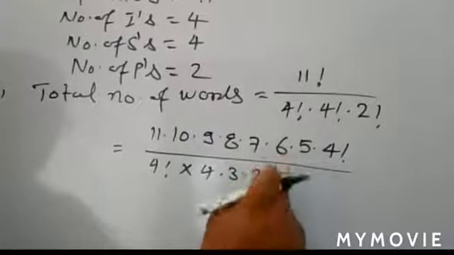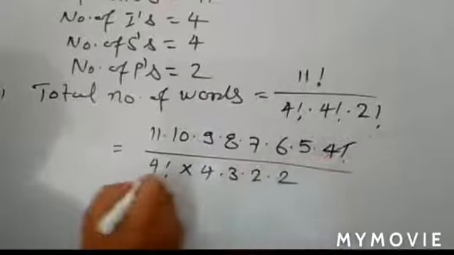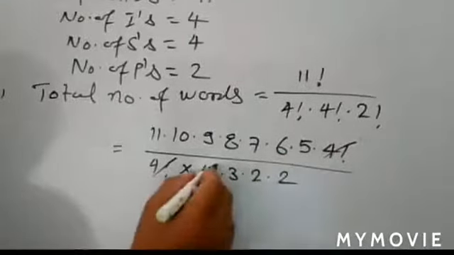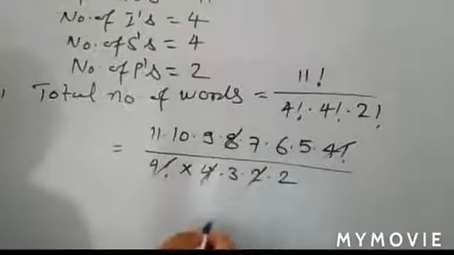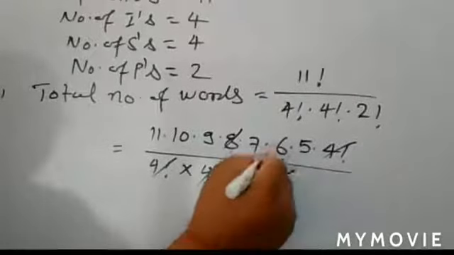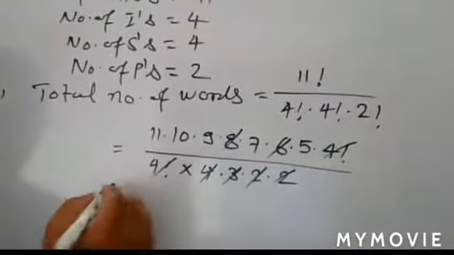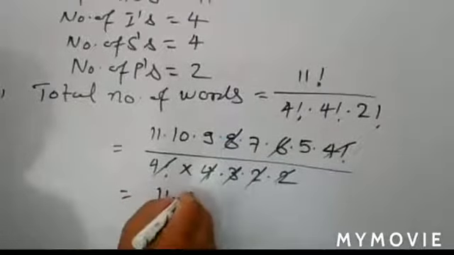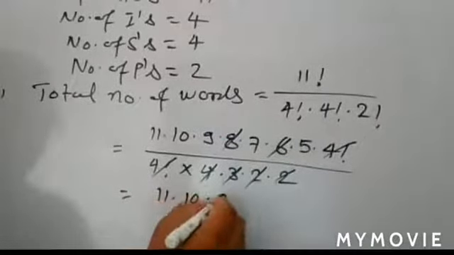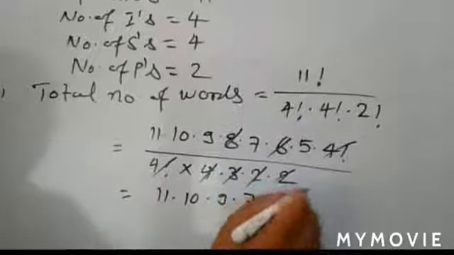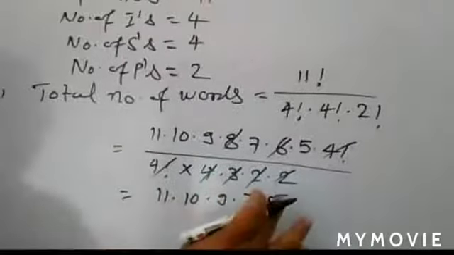And here you have 2. So 4 factorial cancels out. 4 twos are 8, 8 cancels out, and 2 threes are 6, 6 cancels out. So you only have to multiply 11 into 10 into 9 into 7 into 5. Yes, multiplying all those numbers.